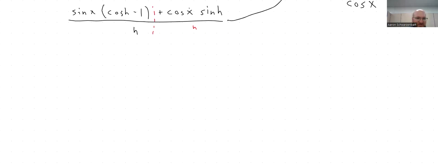So secant x would be same as taking the derivative of the cosine x to the negative first power. Notice I did not write the -1 next to the cosine. That would be inverse cosine. So to take the derivative, bring the -1 in front.